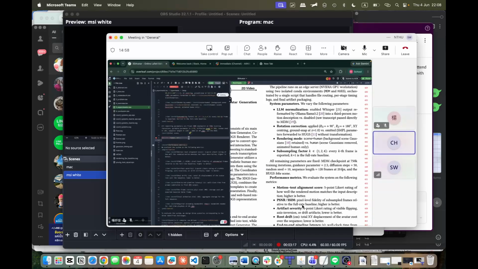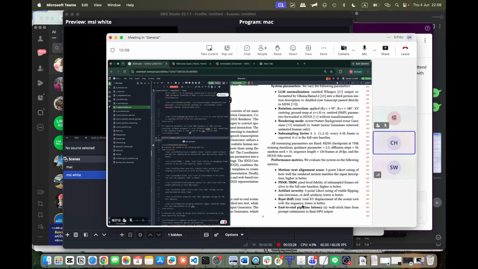What is root drift? The fourth bullet point of the performance metrics, you say root drift. What is total XY displacement? I think it's like, when we change the MDM to Hux, we have to adjust the global coordination, and if the avatar global coordination is close.